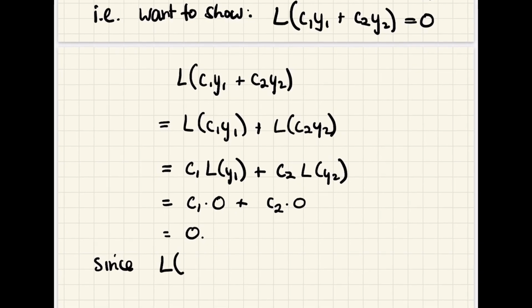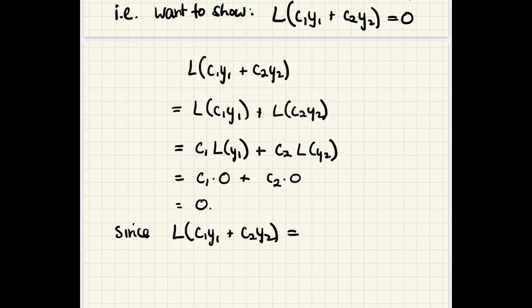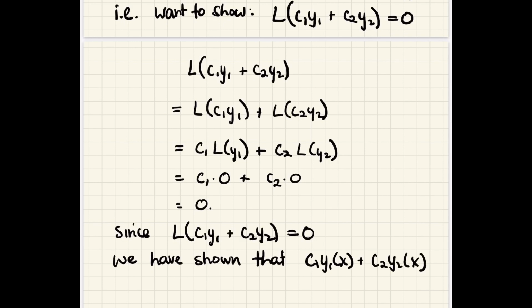So since L of c1y1 plus c2y2 is confirmed to equal 0, we have shown that c1y1 of x plus c2y2 of x satisfies the differential equation. Well, therefore it's a solution.